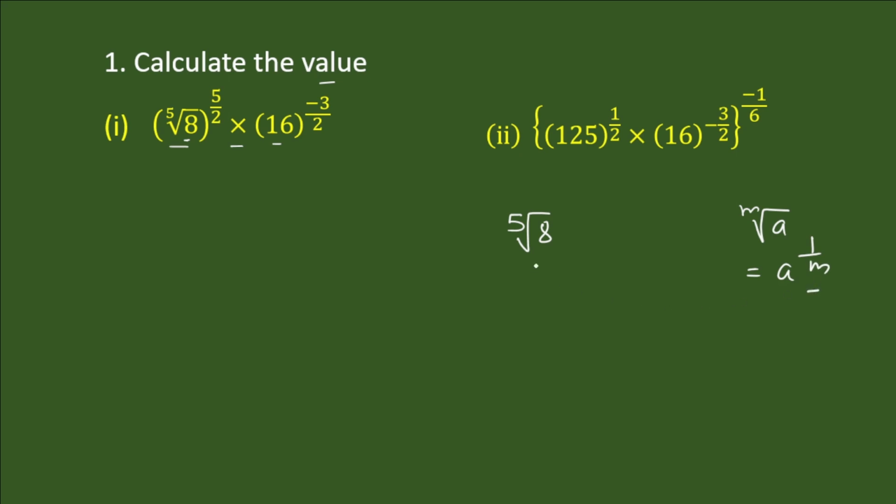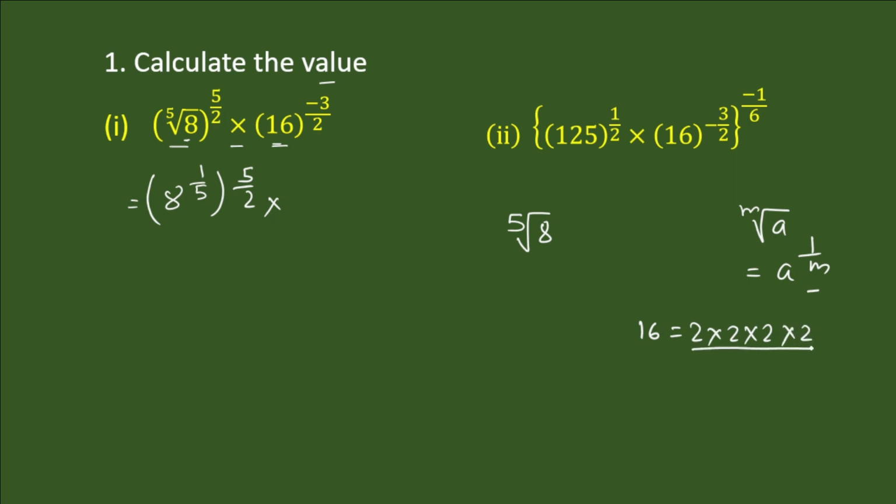Similarly, we write this expression in the bracket as 8 powered by 1 by 5, and now the bracket has power 5 by 2. Next it is multiplied by 16, and 16 we can write as 2 multiplied by 2 multiplied by 2 multiplied by 2.